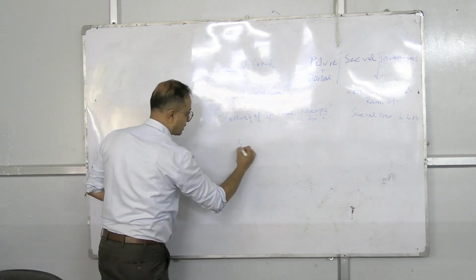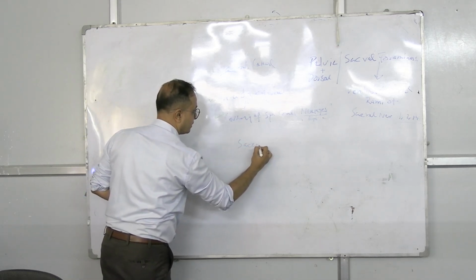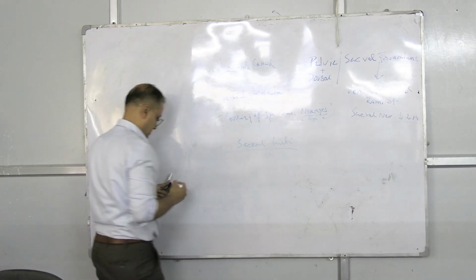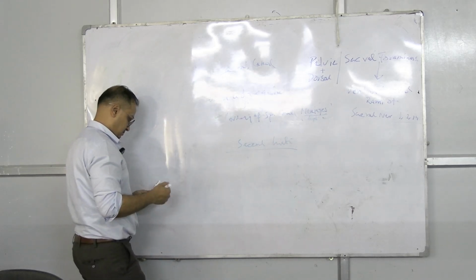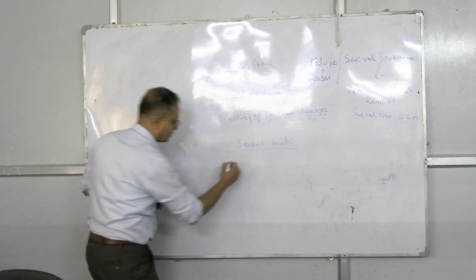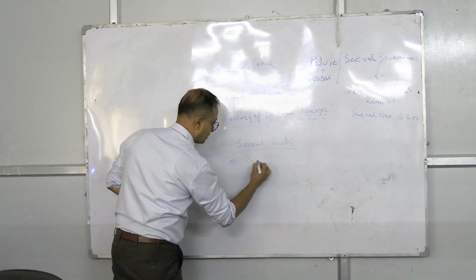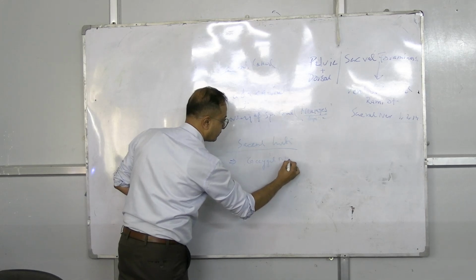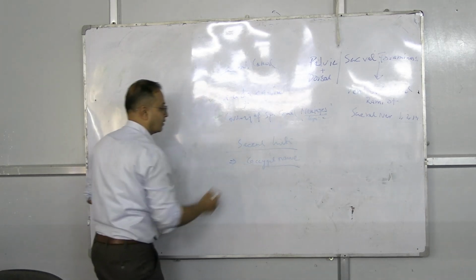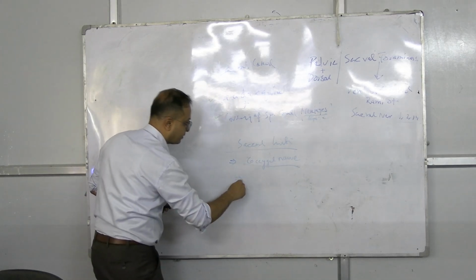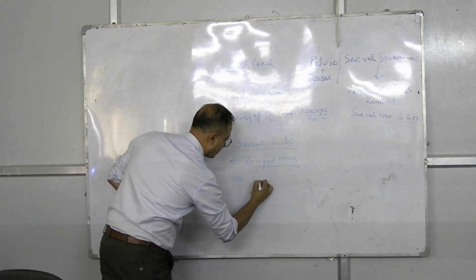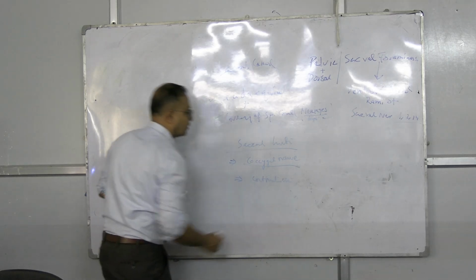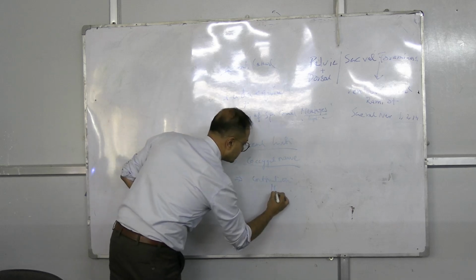And what comes out with the sacral hiatus is the coccygeal nerve, and we have a continuation of meninges.